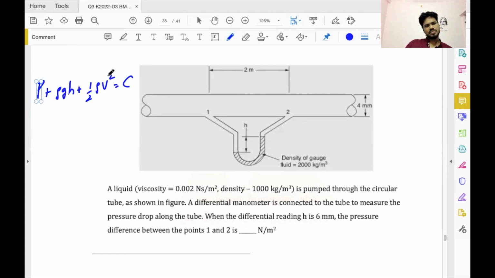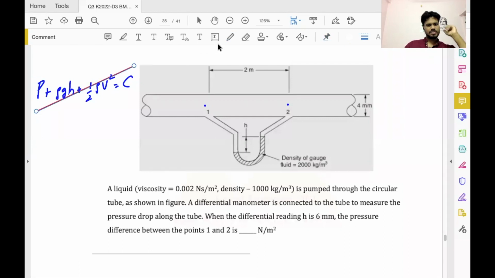Velocity, let's say it's a constant, because the flow rate here should be equal to the flow rate here. And these two are at the same height. Bernoulli's theorem we cannot apply to connect this. If there is a change in velocities, we can look for a streamline, but this is not a problem for Bernoulli's theorem.